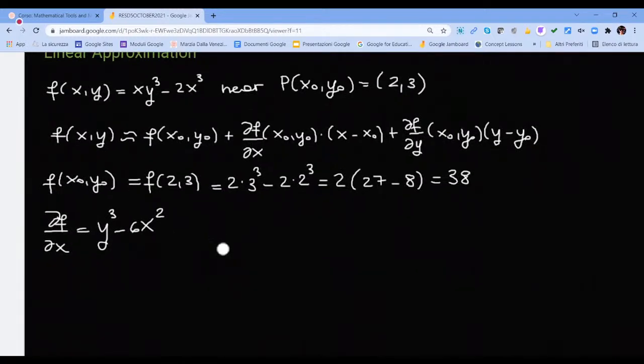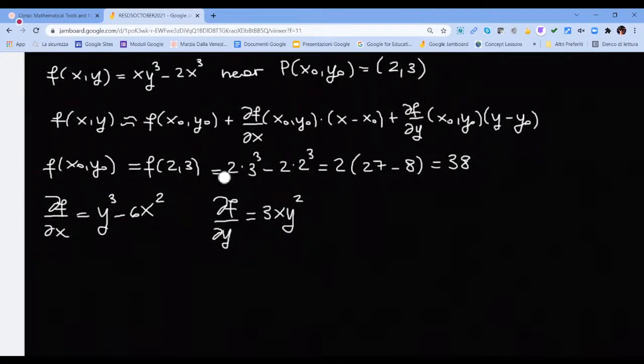And then we compute the derivative with respect to y, that is 3xy squared minus, but there is nothing depending on y in the second term, that means that is 0. And then we compute the value of these two partial derivatives at the point 2, 3.